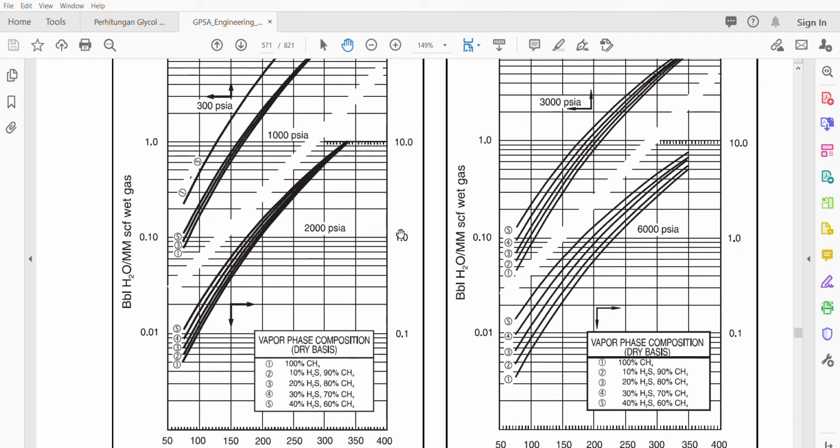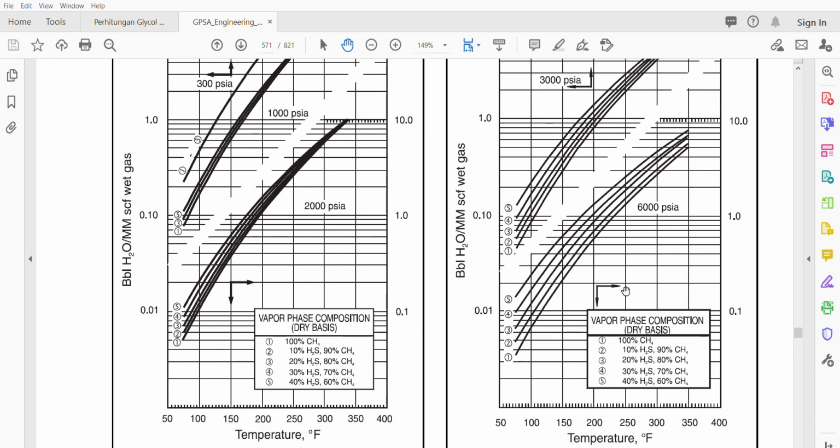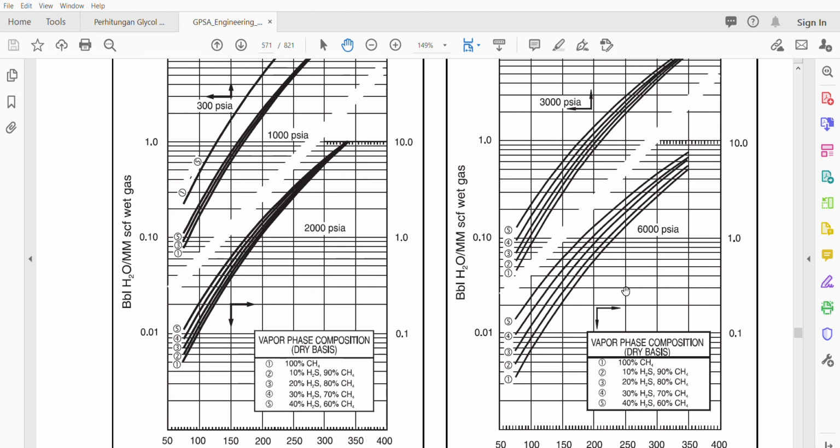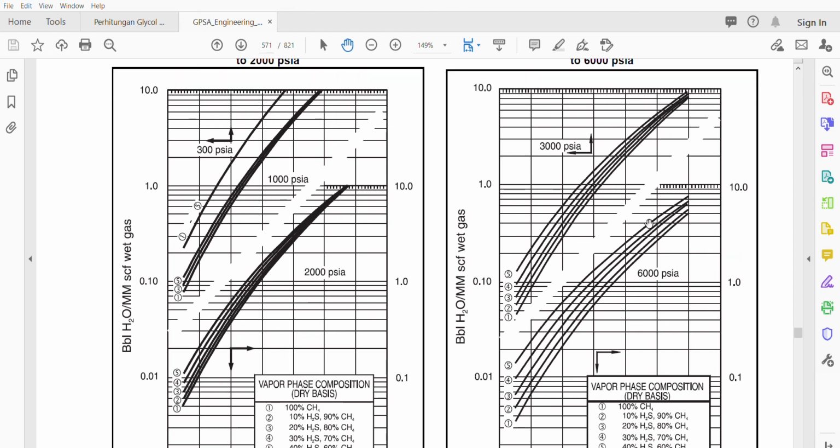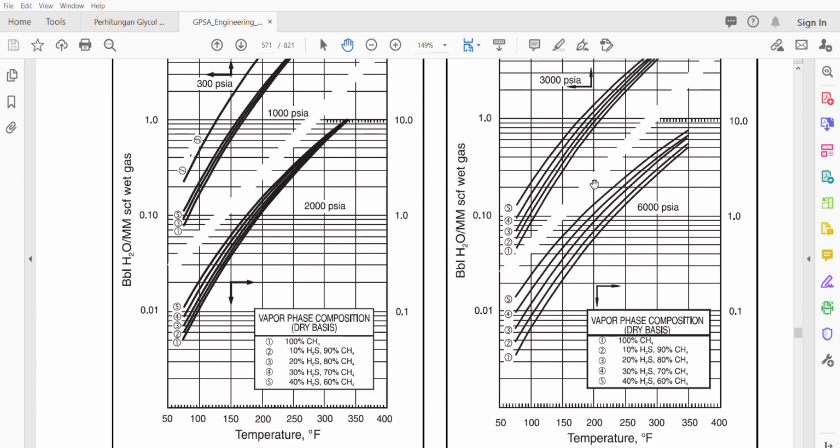This one is 1, this 1.01, this 1.1. And on the other high pressure, it's the same thing. You see here, it's using the left and up, and in here using the right and bottom.